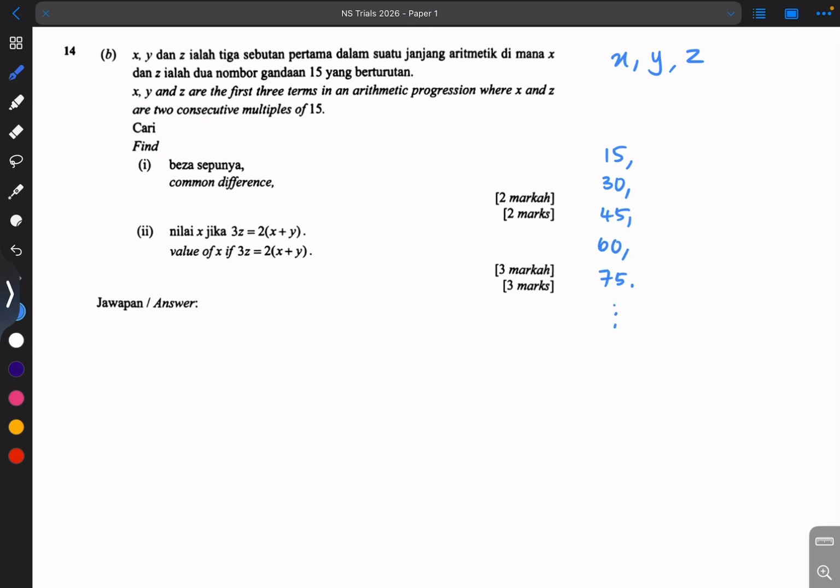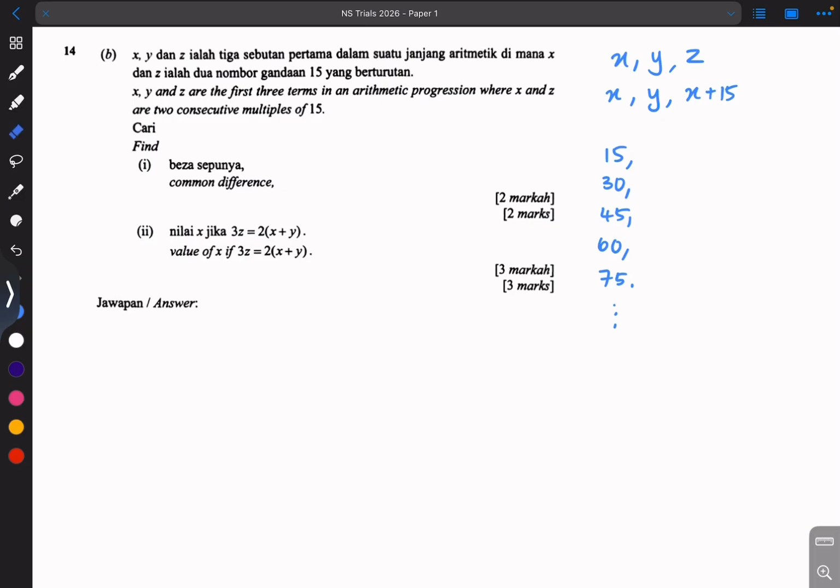So consecutive multiples means their difference must be 15. Between 60 and 75, their difference must be 15. So we can say x, y, z will be x, y, x plus 15. Okay, because consecutive multiple, so plus 15 now.